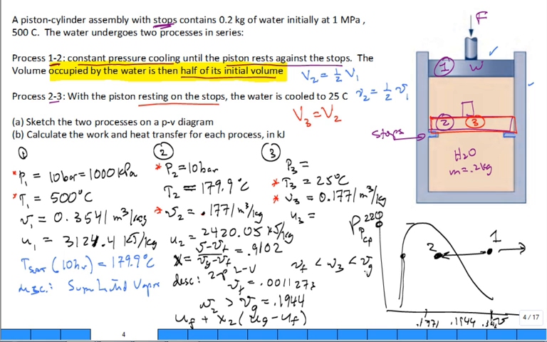So I flip to table A2, 25 degrees C for the saturation temperature, and I find that the value of V sub F is 0.001.